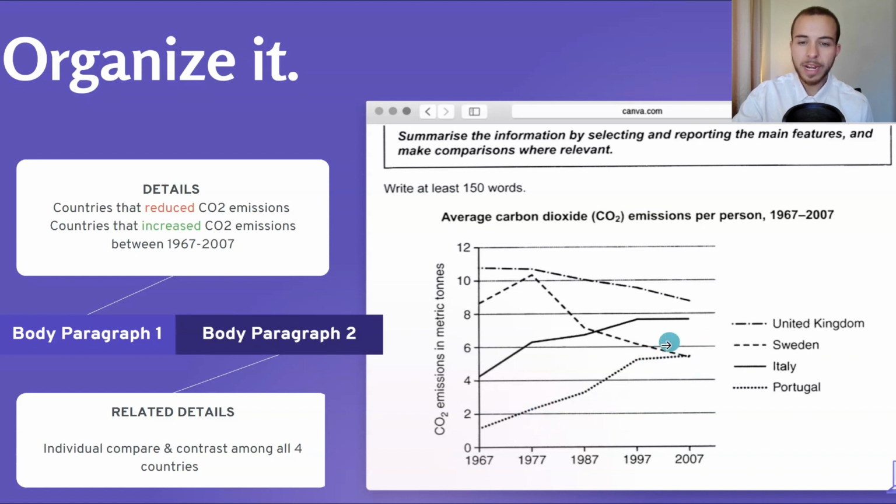But what happens right here? Interestingly enough, Sweden and Portugal intersect. They meet at the same point in 2004. But Sweden was decreasing and Portugal was rising over the time. Add that to your paragraph.